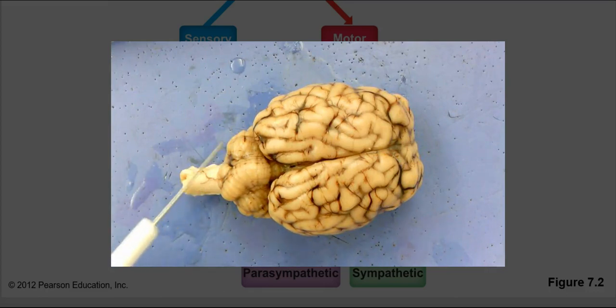It's going to coordinate these movements. I kind of call the cerebellum Dr. Smooth. It makes sure that everything goes in a fluid type of motion. So that's the job of this structure right here.